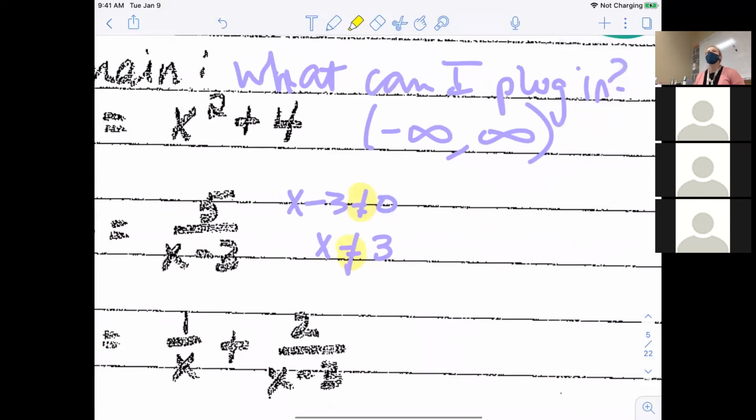If x can be any number other than 3, we've got some intervals we're going to write. Questions before I write some intervals? I cannot let my denominator be 0. So if I had plugged 3 in, 3 minus 3 is 0, and that's no good. Can't have that. That's why 3 is the problem. Okay. Say again.